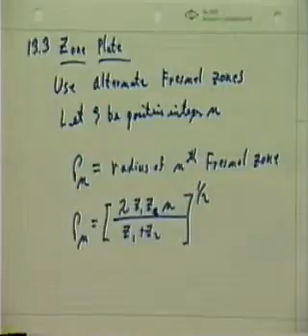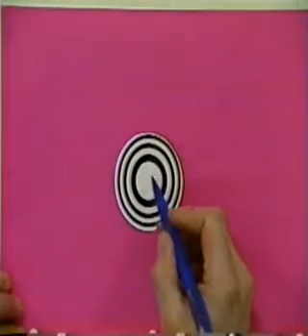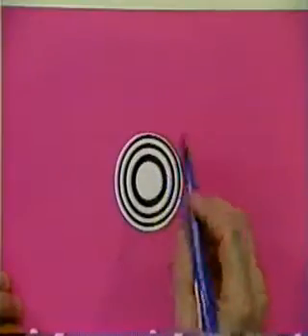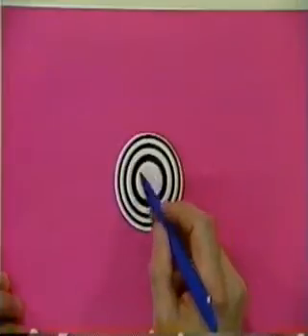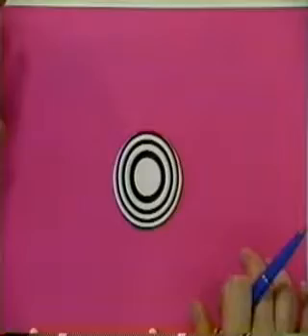So now what we're going to do is take this, where we've made every other Fresnel zone opaque, and add up the irradiance of the light coming from all these open Fresnel zones, on axis anyway. I'm only going to look on axis here.